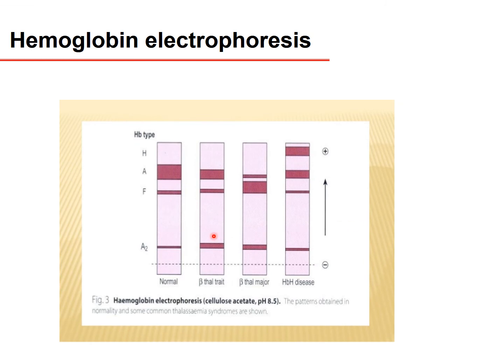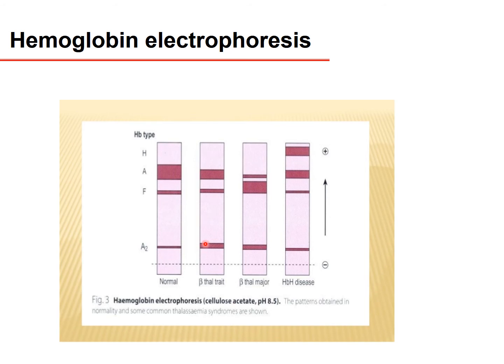So this is how the hemoglobin electrophoresis looks in a normal situation. We have the A type of hemoglobin, and we have A2 and the fetal type. Now, if somebody has, for example, a beta thalassemia trait, they are only carriers, so relatively the beta gene is less.